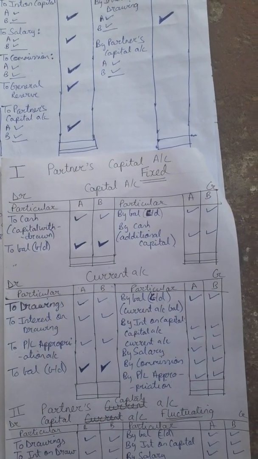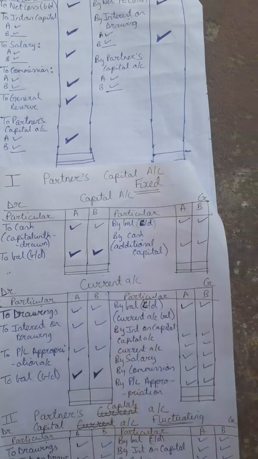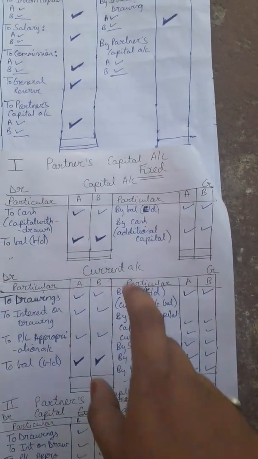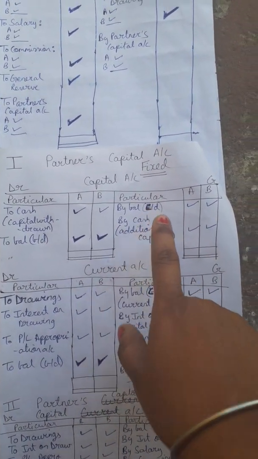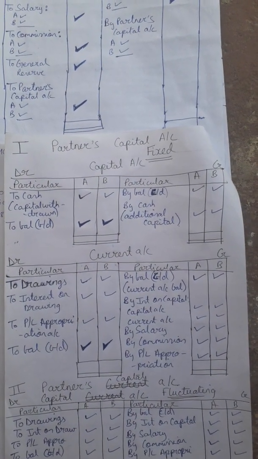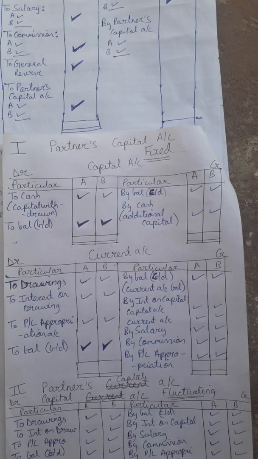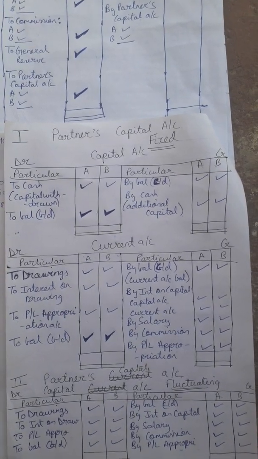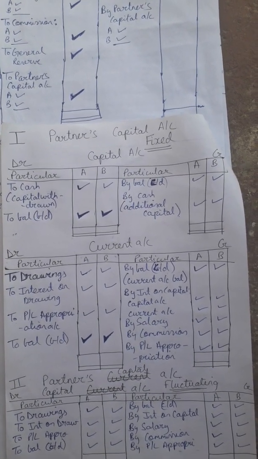In the capital account, you have to bring down the capital balance of the partner, which will be shown in the previous year's balance sheet, and this balance sheet will be given to you in the question.